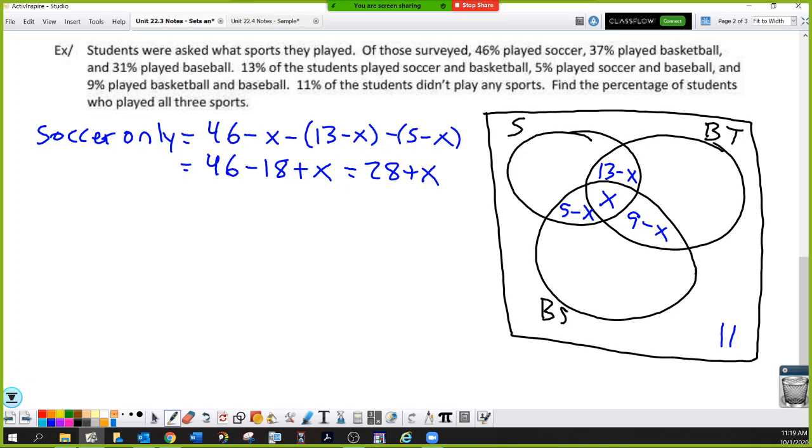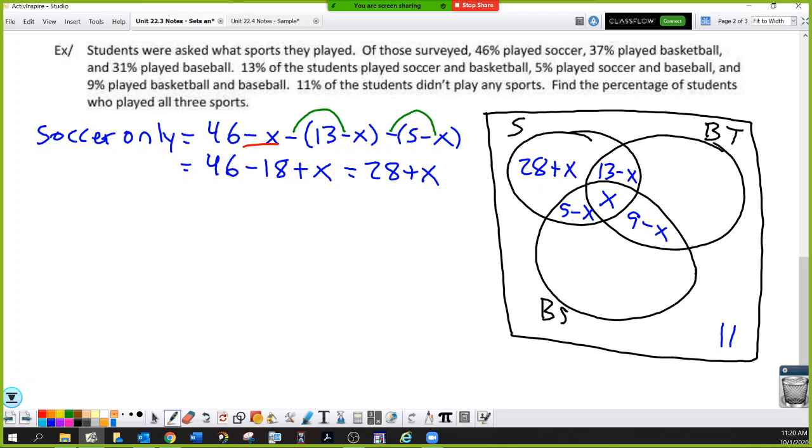No, the top isn't wrong. Look, this is plus x plus x. So the 2 positive x's and then the 1 negative x that's sitting right here. So you still end up with a single positive x. So we know that the soccer only thing gets 28 plus x.